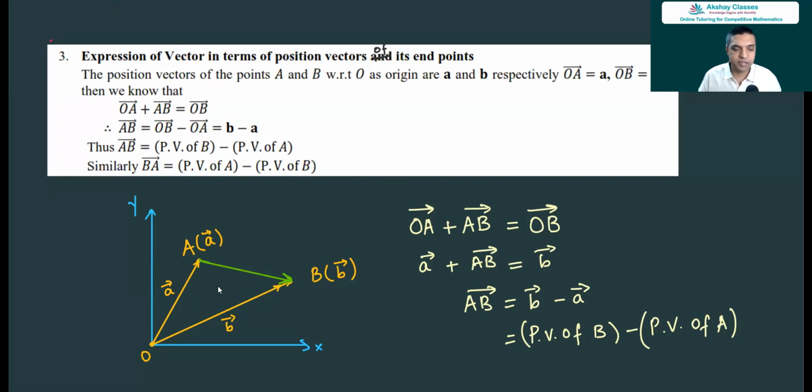So that's how it works. So you get the position vector of B minus the position vector of A. That is AB bar. And BA bar will be the position vector of A minus the position vector of B.